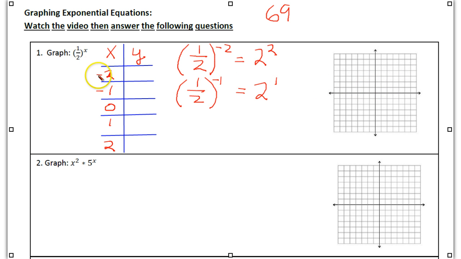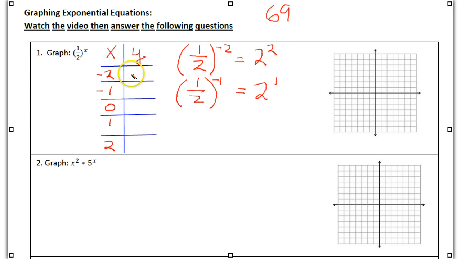So here we're going to use a -2, these points. So if I put a -2 there, and you may recall the rule, when it is a -2, you can flip this and make this a +2.